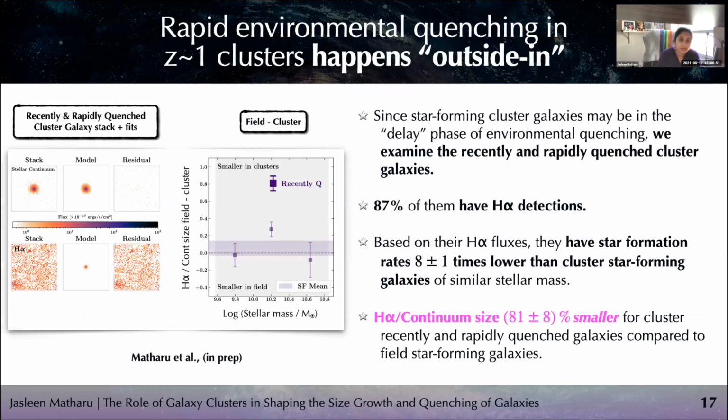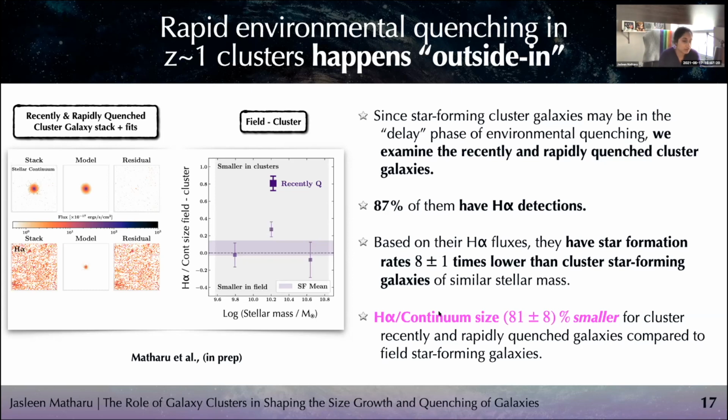Since the star-forming cluster galaxies are likely in this delay phase, we then examine the recently quenched cluster galaxies I spoke about earlier using the same method and compare their properties to the star-forming cluster galaxies to see if it can tell us anything about how environmental quenching actually operates. Surprisingly, 87% of them have H-alpha detections, suggesting residual star formation, with star formation rates a factor of about 8 lower than the cluster star-forming galaxies.